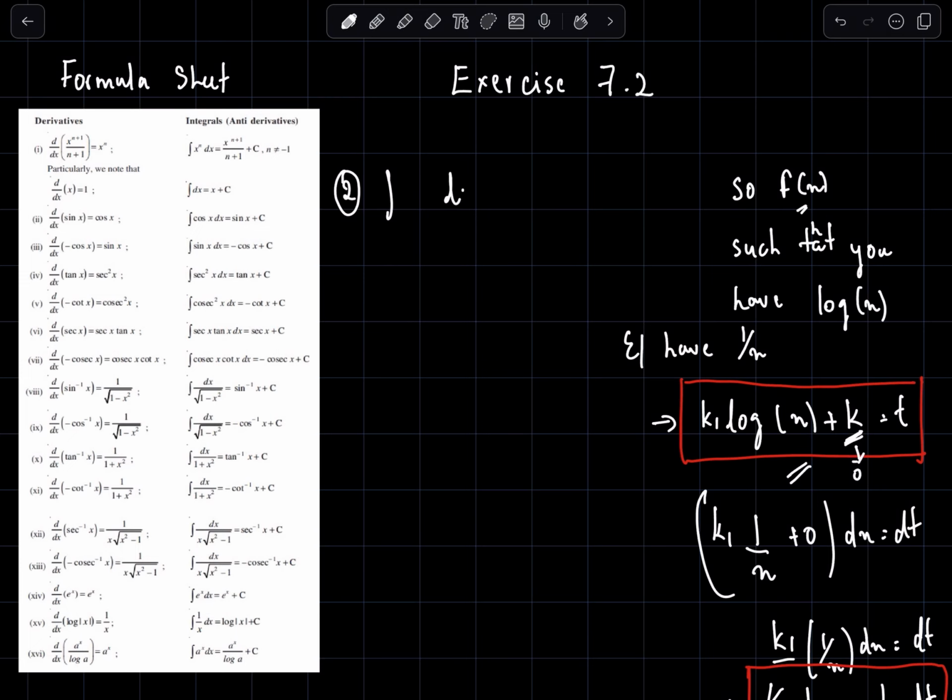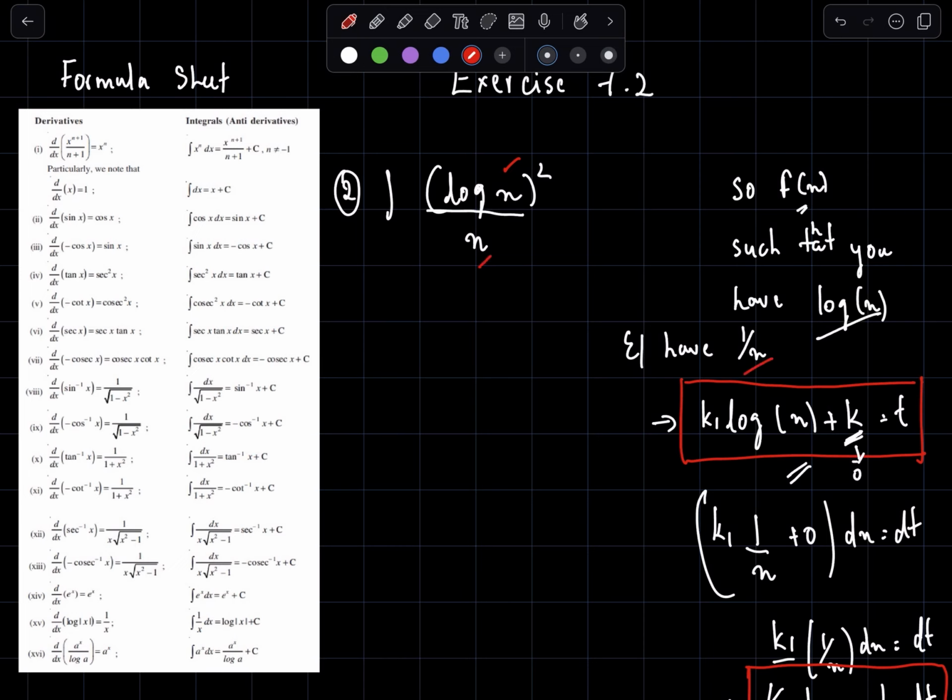So let's say the integral of log of x the whole square divided by x. So what did I tell you? If you find log of x, check. Do you have log of x? Yeah, you do have log of x, correct? Do you have 1 over x?